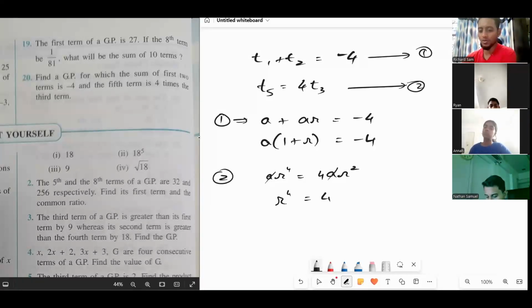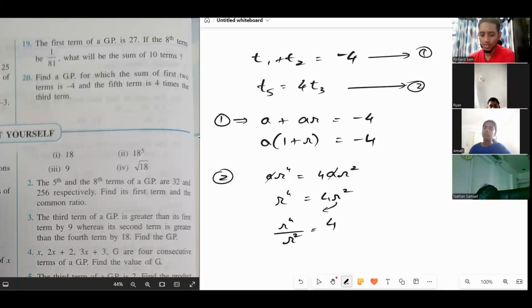R to the 4 is equal to 4 R squared. So take the R on the left side: R to the 4 upon R squared, R squared is equal to 4. Therefore, R is equal to 2.